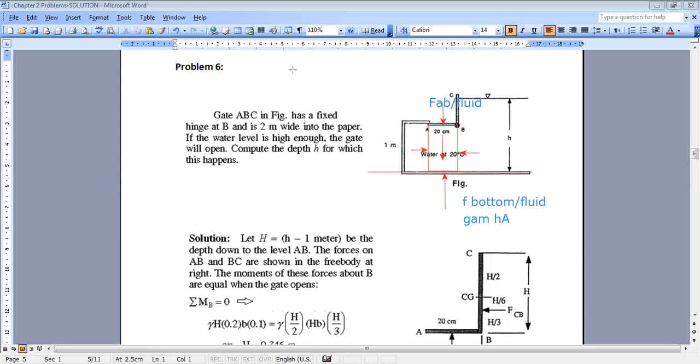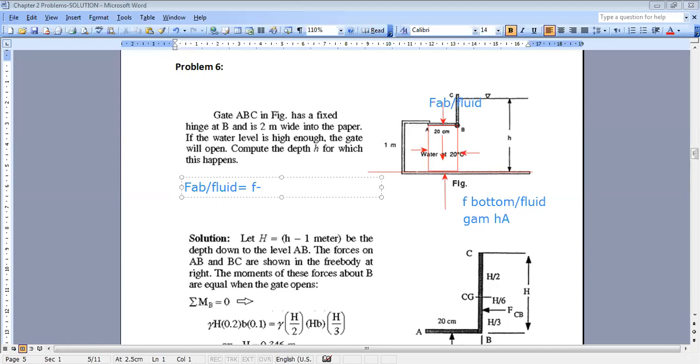So from this figure, F of AB on the fluid, by applying sum of forces equal to 0, is equal to F minus the weight W.